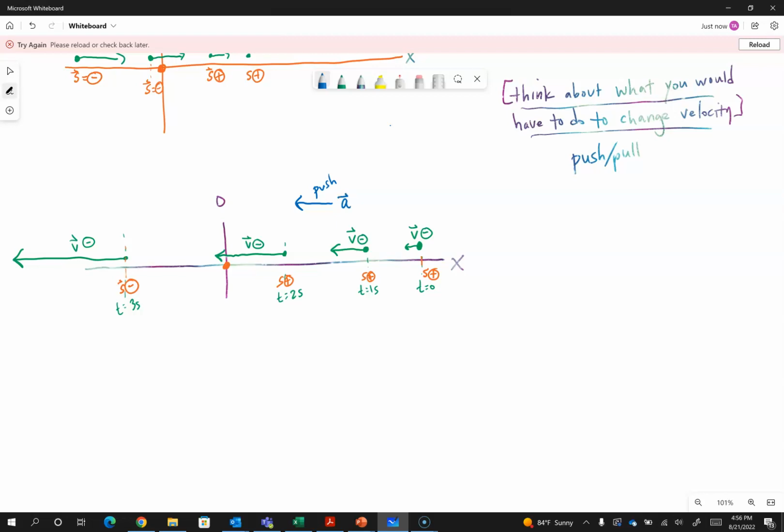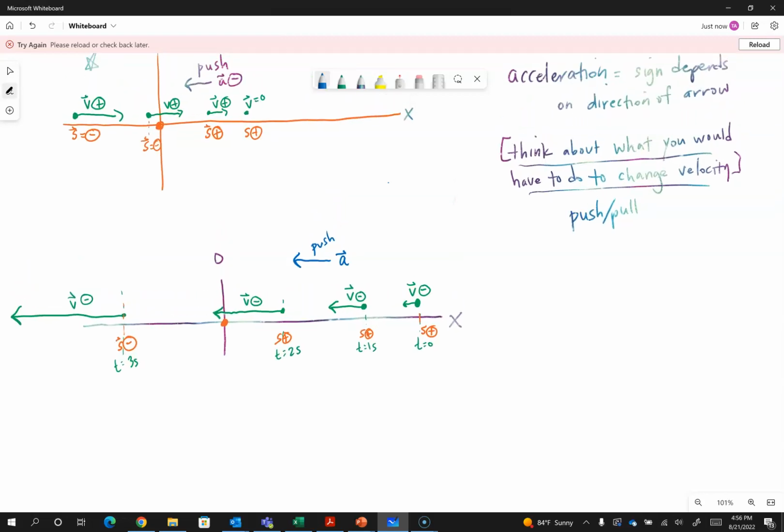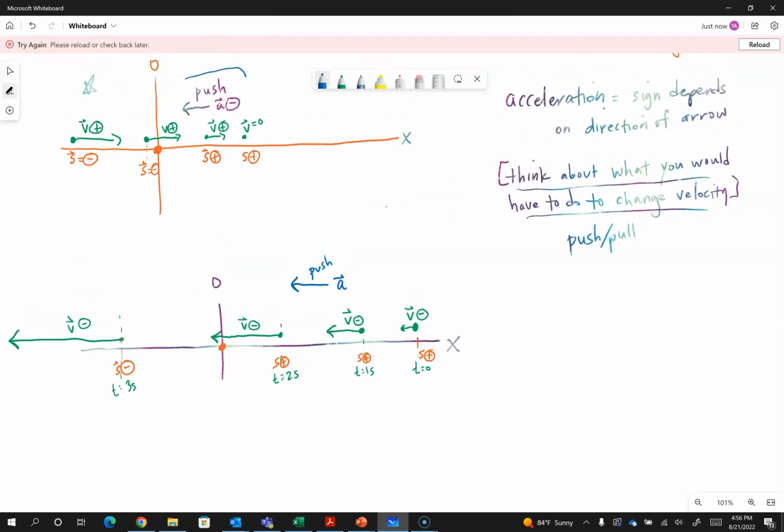Because acceleration is a result of the net forces, we can say that the acceleration in this case has to point to the left. That is how we're going to speed up. But remember this previous situation, we said the push was negative. Well, that's true again. This push is negative because it's pointing to the left.